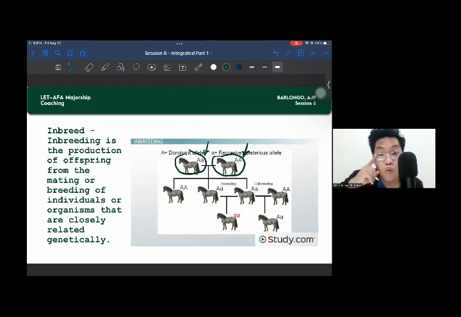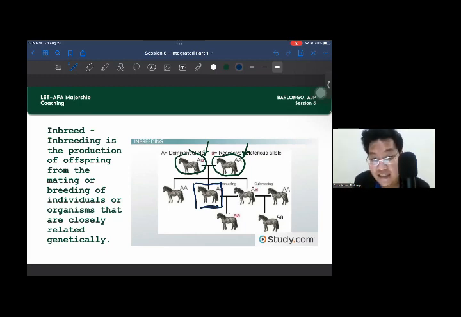So when we do inbreeding, we are mating an organism, ito tingnan natin, with a related organism. We are mating yung offspring, and in this case, ito yung offspring. We are mating this offspring to a related organism.